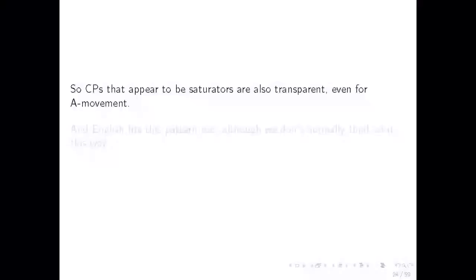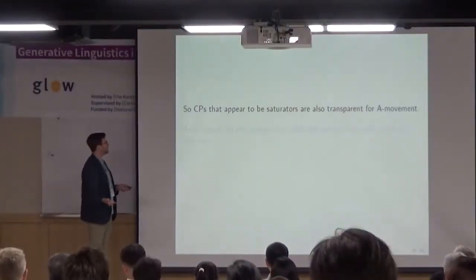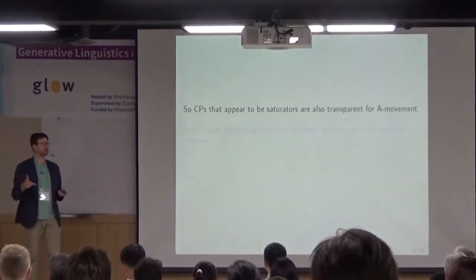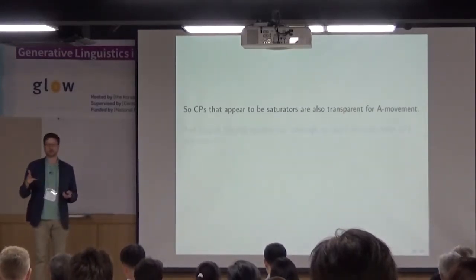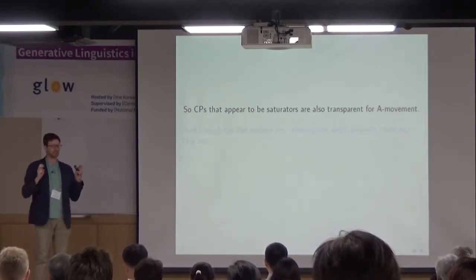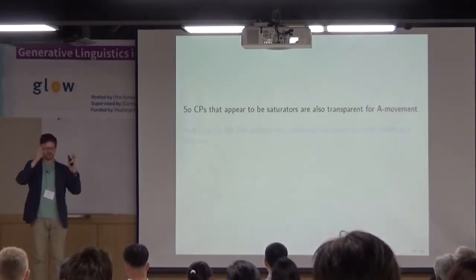So we found some CPs that don't like to combine with nouns without some extra work. They're transparent for A-movement. And I should also say they don't have to extrapose, like Japanese and Korean clauses like to stay in the middle field. They're not like German. They stay there.